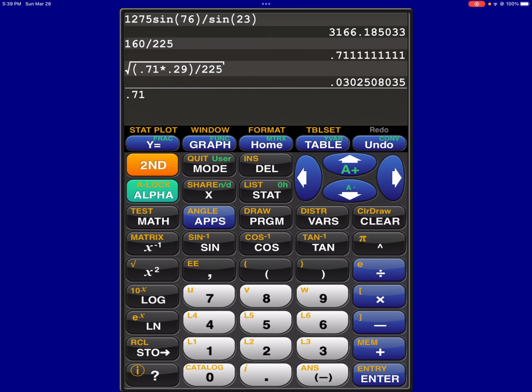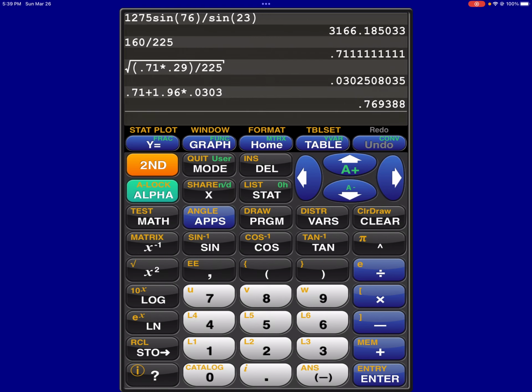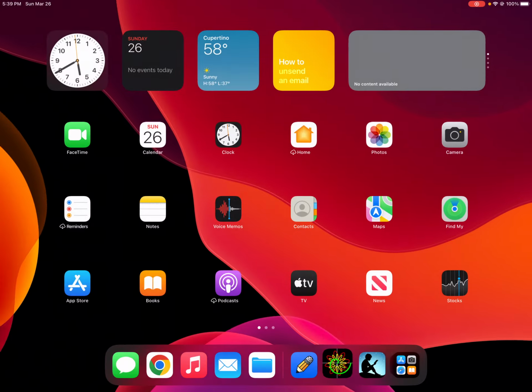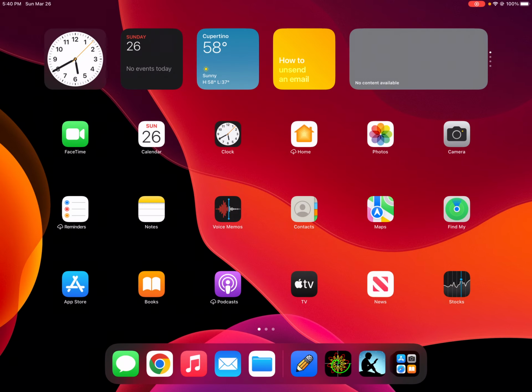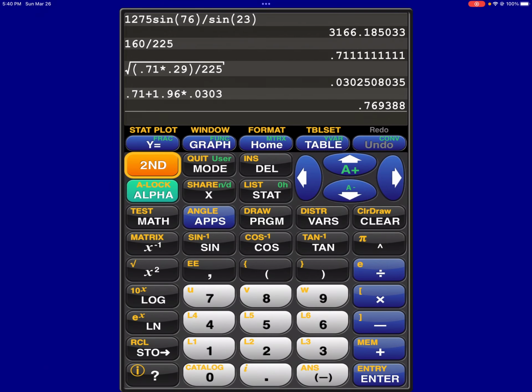It's 0.71 plus 1.96 times 0.0303. It looks like we end up with 0.769, or 76.9%, as our upper bound. And then for our lower bound, we're just going to change that plus to a minus.